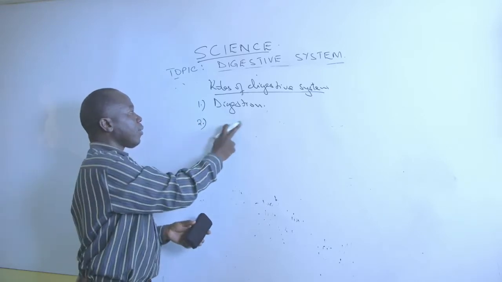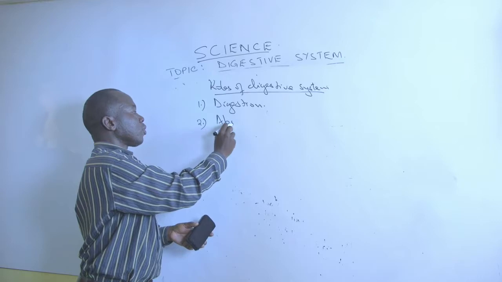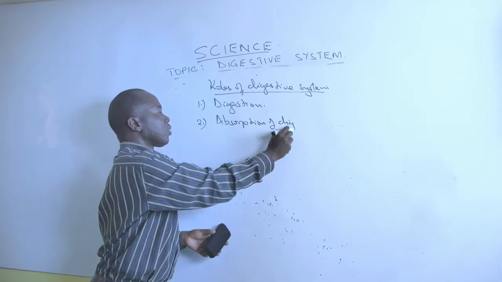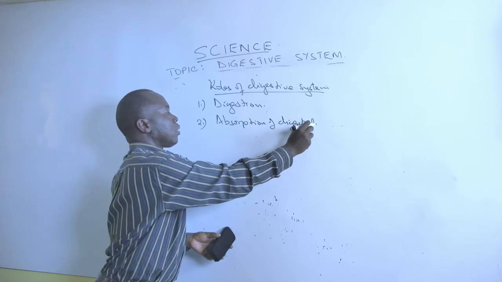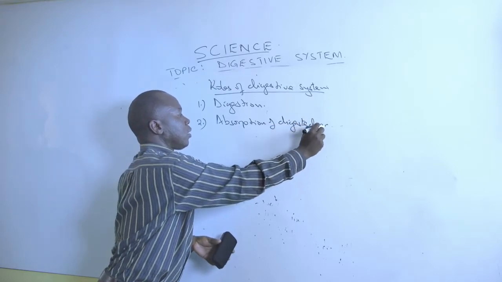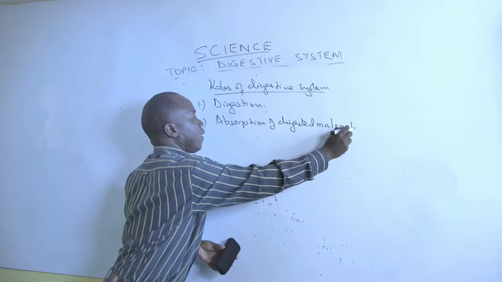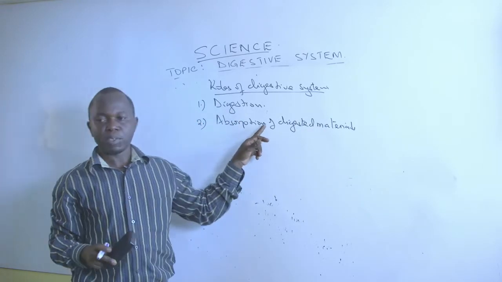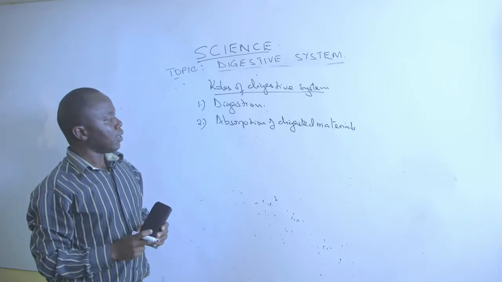And then another one is absorption of digested materials. So after being digested, materials have to be absorbed into the bloodstream.